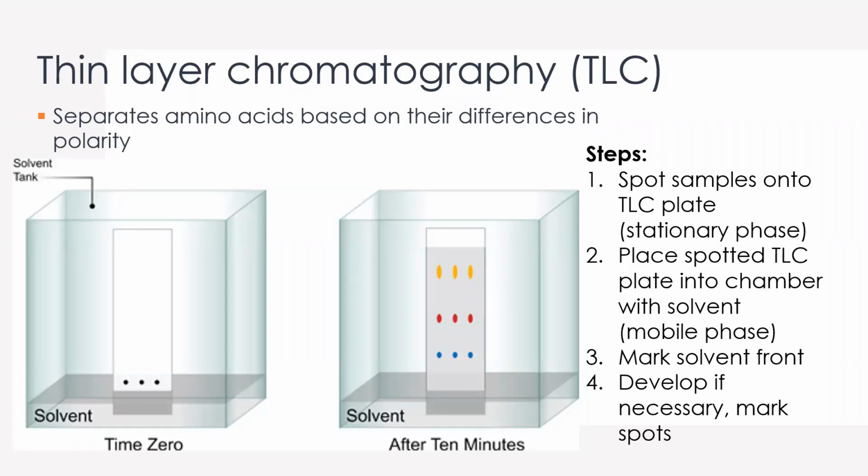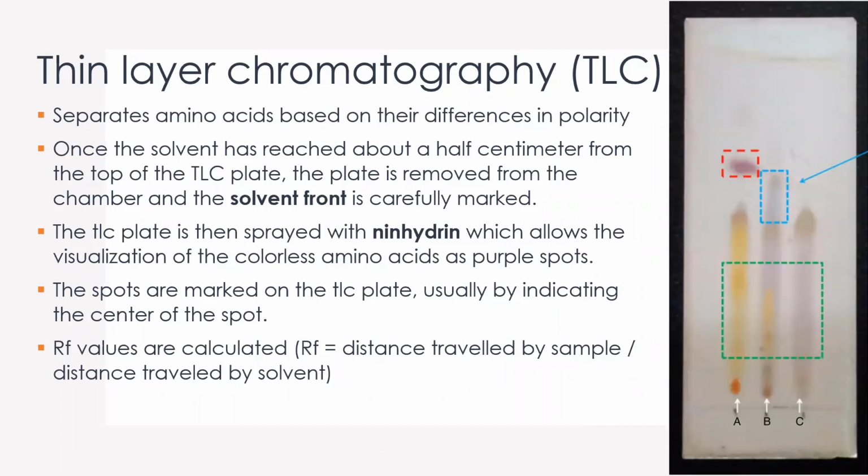Now, it's entirely possible that you would not be able to visualize the results of this experiment because amino acids are colorless. So you may have to actually develop your TLC plate by spraying ninhydrin on the TLC plate, which will interact with amino acids to produce a purple color. So TLC is going to separate amino acids based on their differences in polarity.